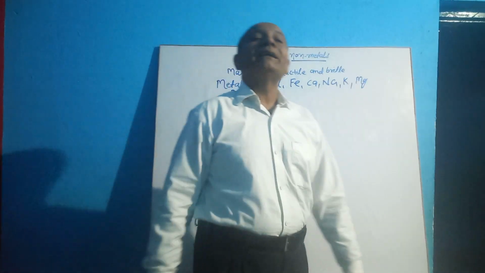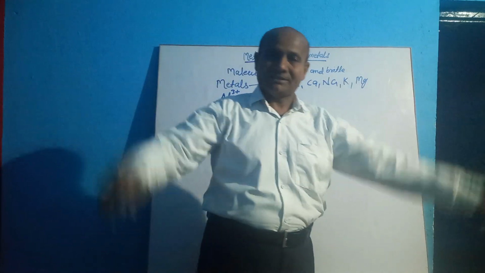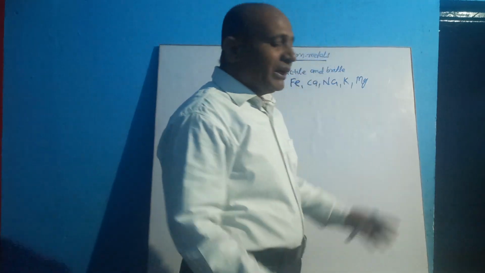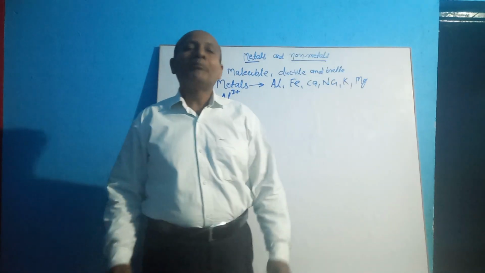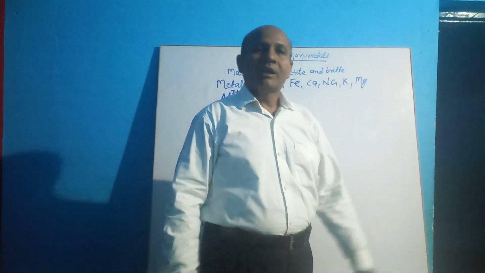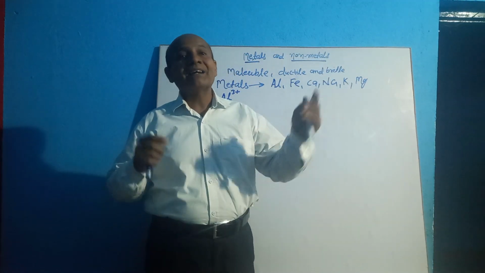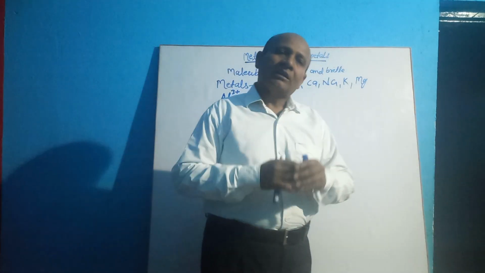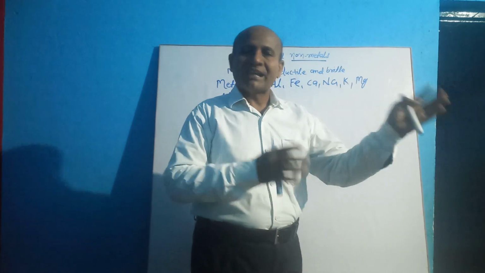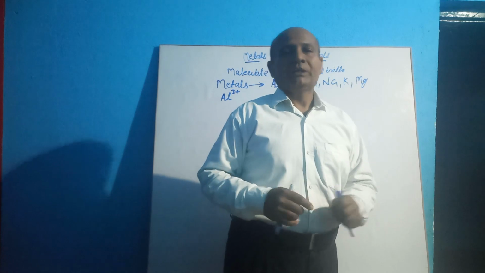Metals are widely used in our daily life for a large number of purposes. We use metals for making utensils, electric fans, sewing machines, buses, trucks, cars, scooters, motorcycles, cycles, trains, ships, aeroplanes.